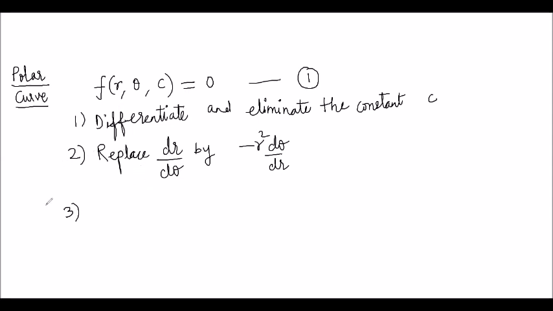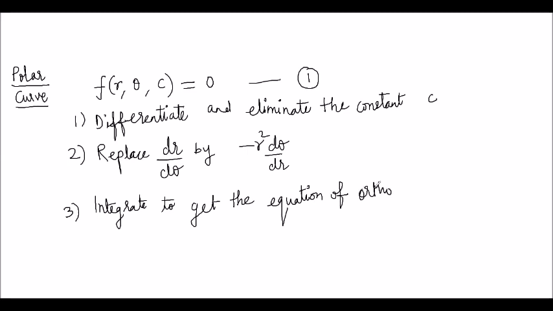So solve the new differential equation, and the solution will be the required orthogonal trajectory. So integrate to get the equation of the orthogonal trajectory. Following these steps, we can find the orthogonal trajectory if the given family of curves is polar in nature.